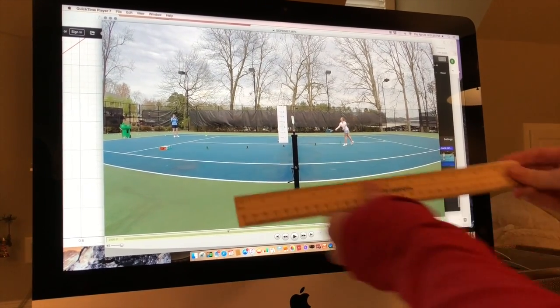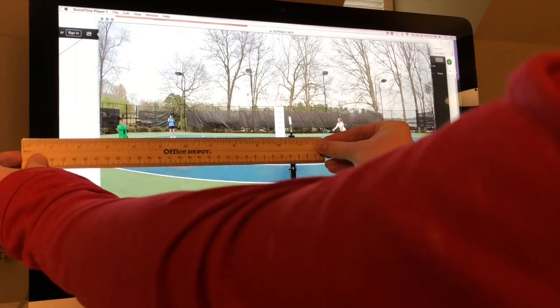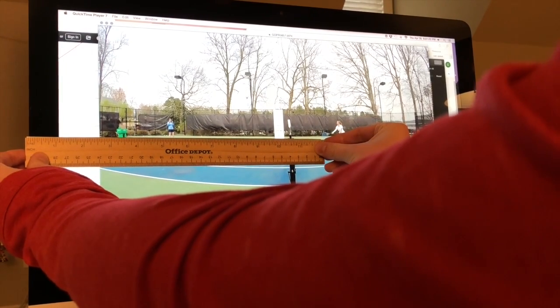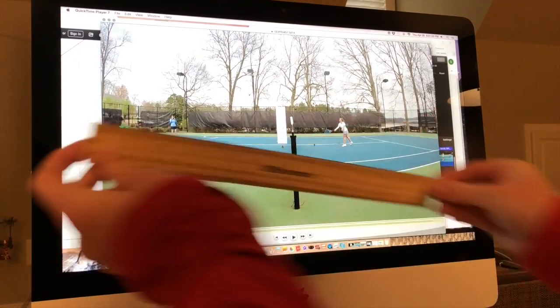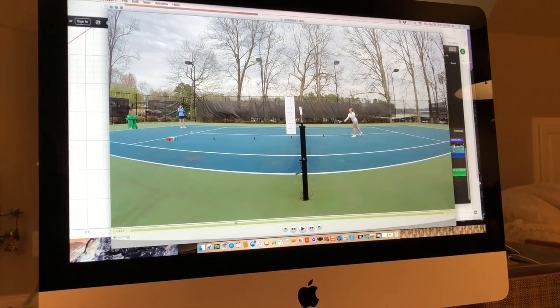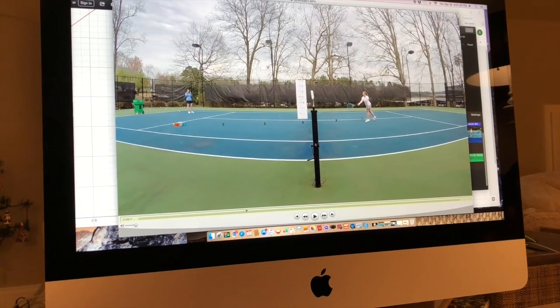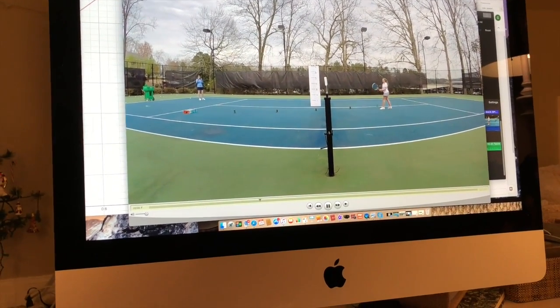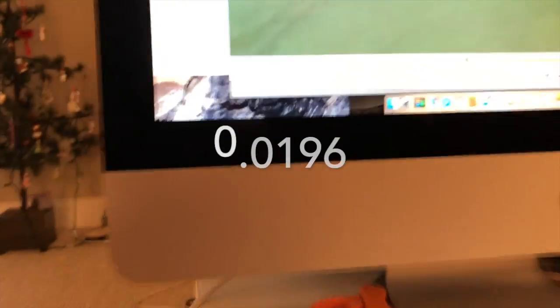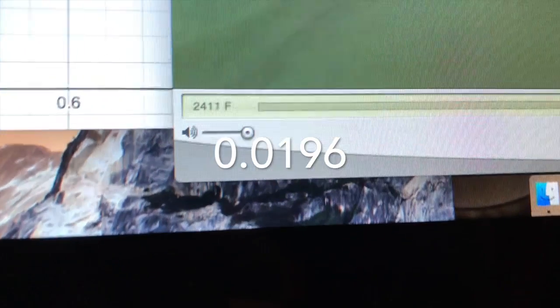We used the makeshift ruler to measure height and the frames to measure time. When converting frames to seconds, we used a conversion factor of 0.0196. This number came from converting frames to seconds in the actual video and counting how many frames were in a second.